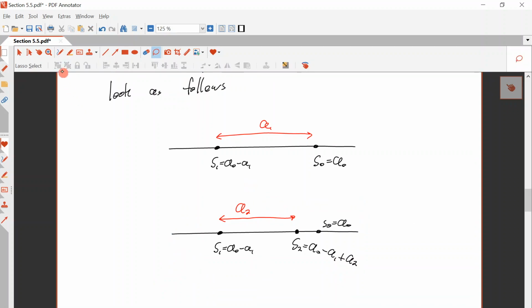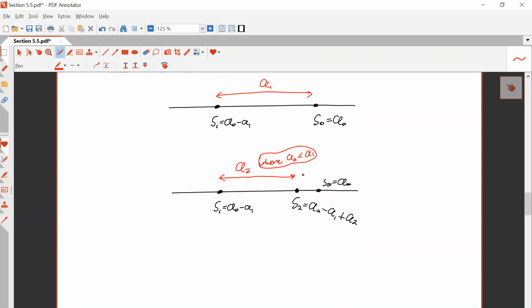So since A2 is less than A1, that partial sum S2 can't go all the way over here. It has to be here somewhere. Next.